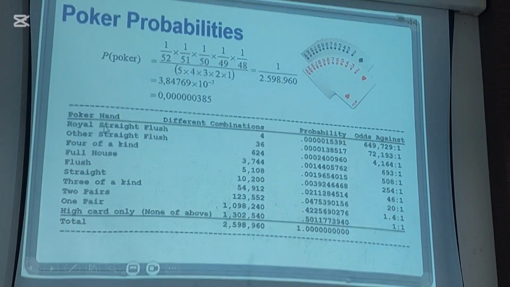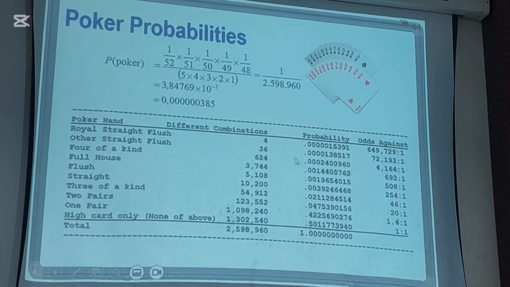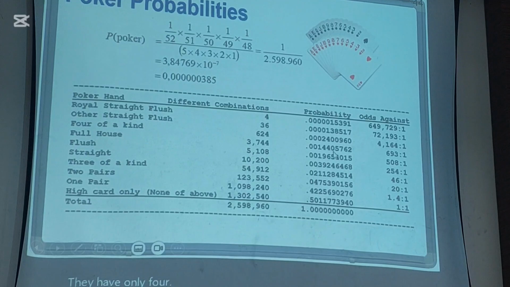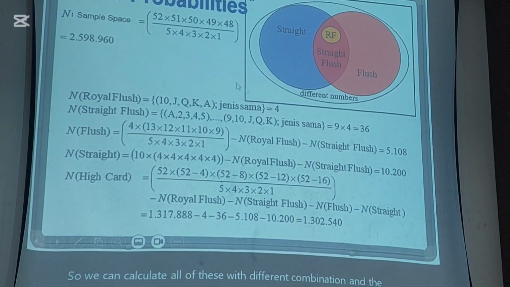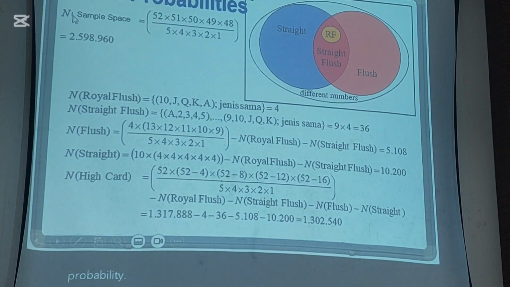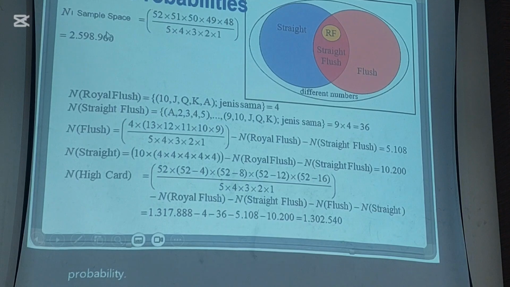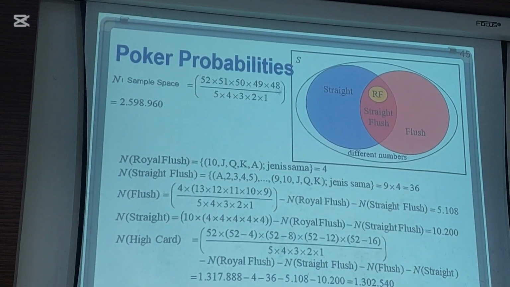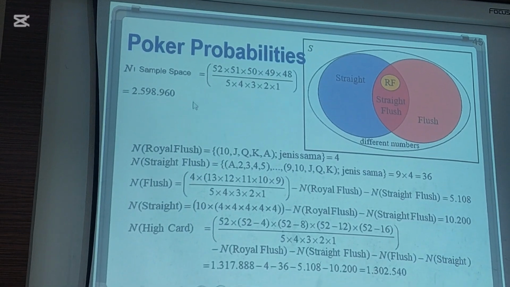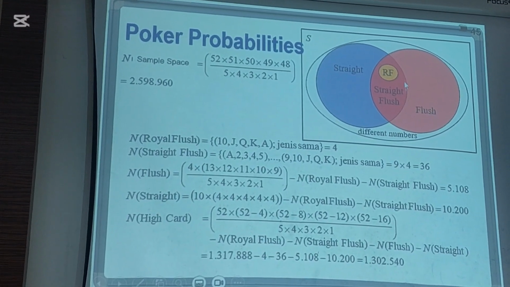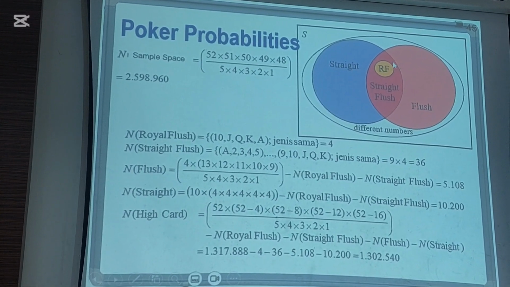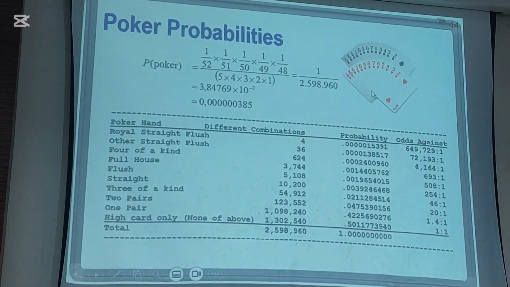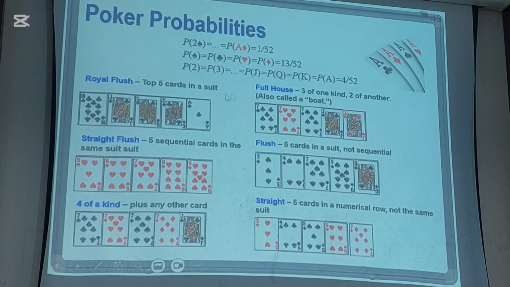So we can calculate all of this with different combinations. So we can calculate the number of the sample space. This is the number of sample space. This is die, and then plus, and then square plus FF. What is FF? Bias.